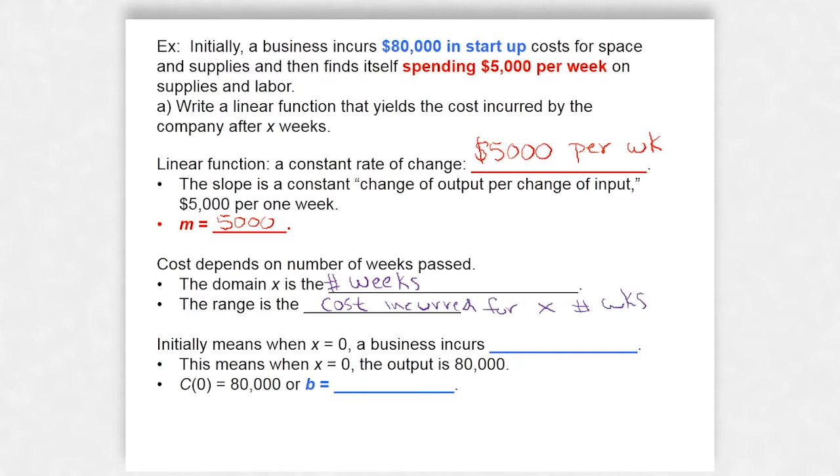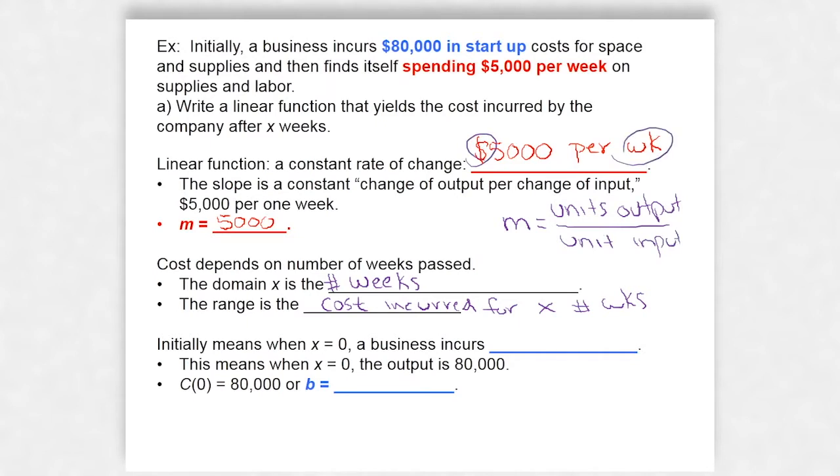Now, if you're curious how to arrive at that, you can go back to slope, because slope is a change of output per change of input. So it would be the units of the output over the units of the input. And we're reading that right off of here, dollars over weeks.